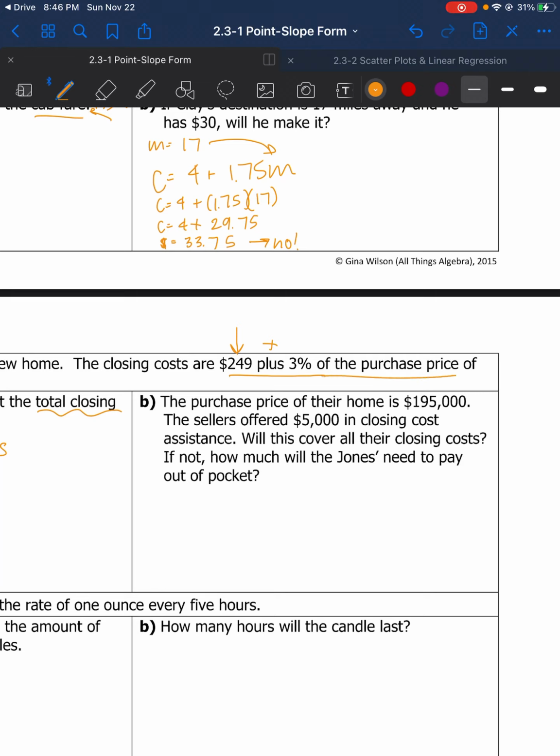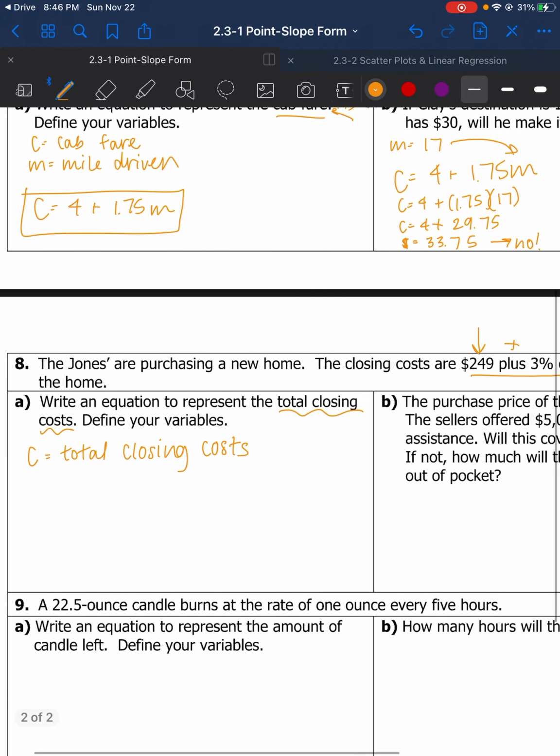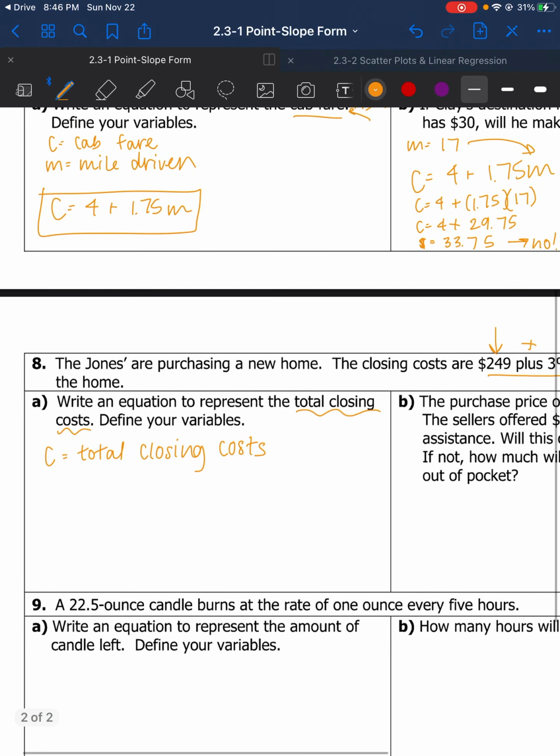Whatever the purchase price is is a variable, which would be like our x variable. We're taking 3% of that. So our x variable, we're going to label P for purchase price.